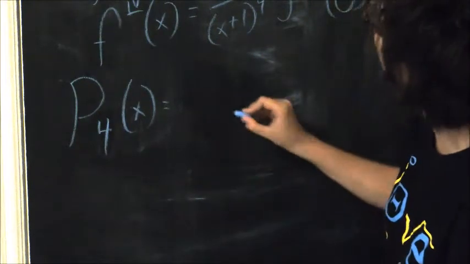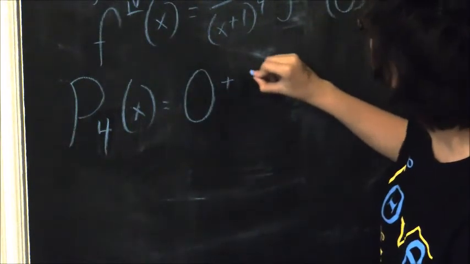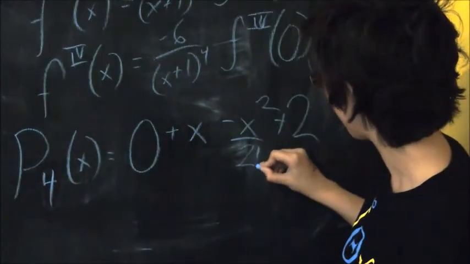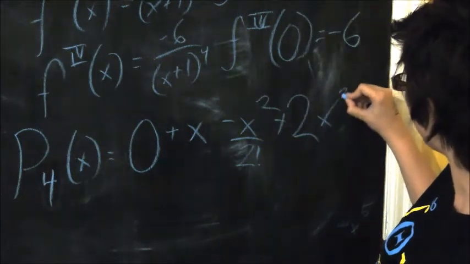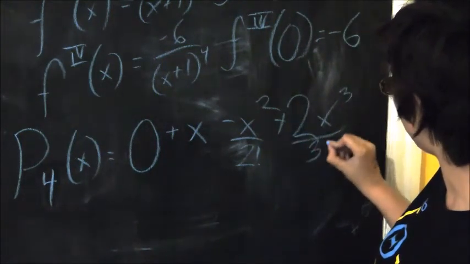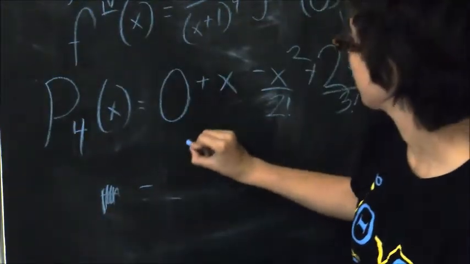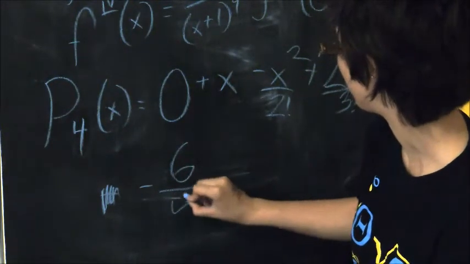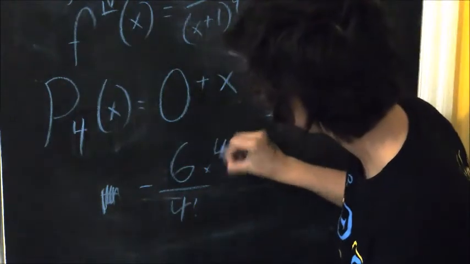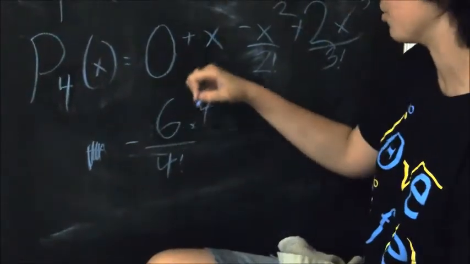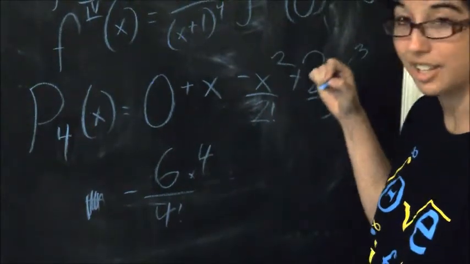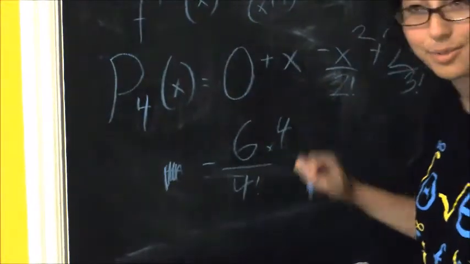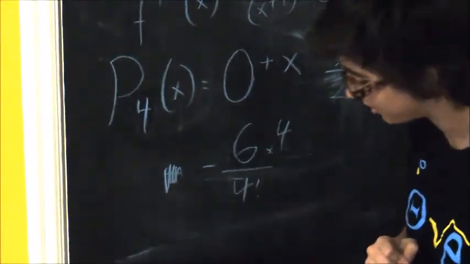So our polynomial is going to say 0 plus x minus x squared over 2 factorial plus 2x cubed over 3 factorial minus 6x to the fourth over 4 factorial.